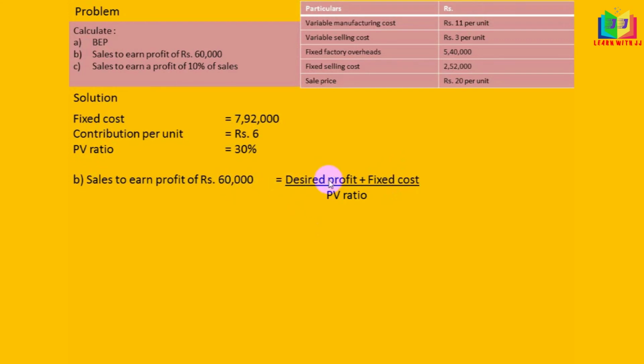Desired profit is 60,000, fixed cost is 7,92,000 and the PV ratio we found is 30%. If we substitute, we'll get sales of rupees 28,40,000. This is the sales to earn a profit of 60,000. You can verify this by preparing the profitability statement.